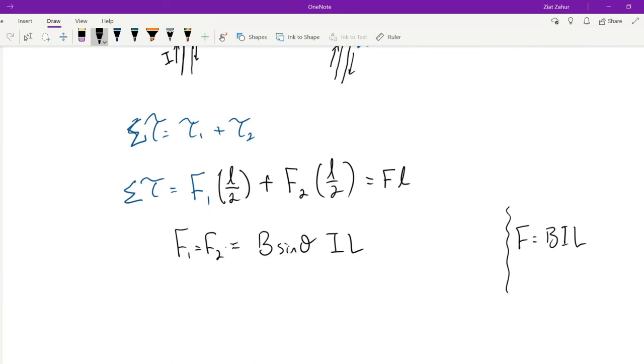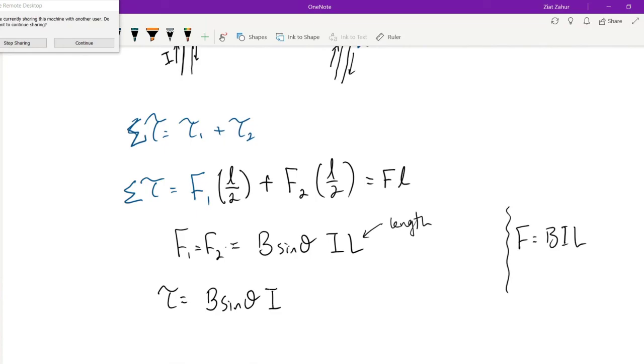And finally, putting it all together, if the force is BIL or B sine theta IL, and we have L already, we get torque is equal to B times sine of theta times the current times L times L. L times L is basically the area.